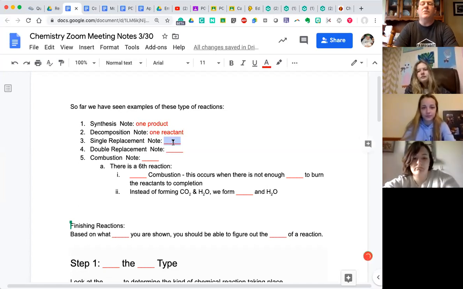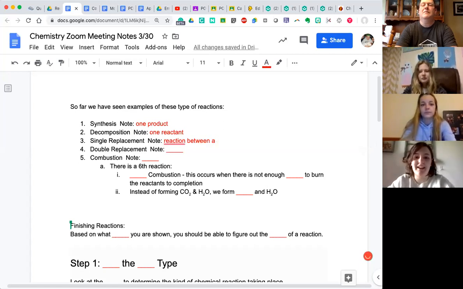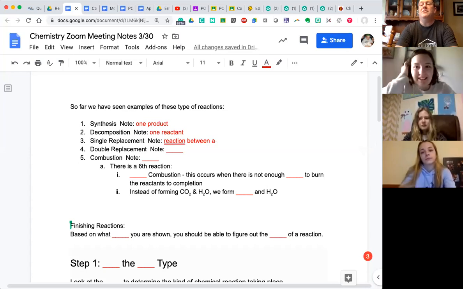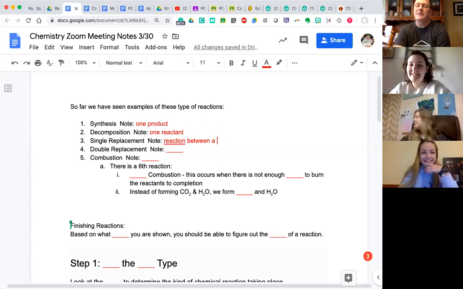Okay, sorry, Maya, you got a harder one. How do you recognize a single replacement? Like when you're done, at the end, there's only one thing that you've replaced. Okay. So it's a reaction between a blank and a blank.